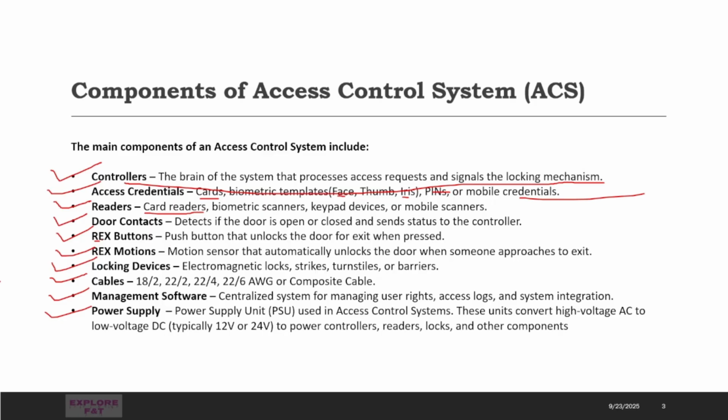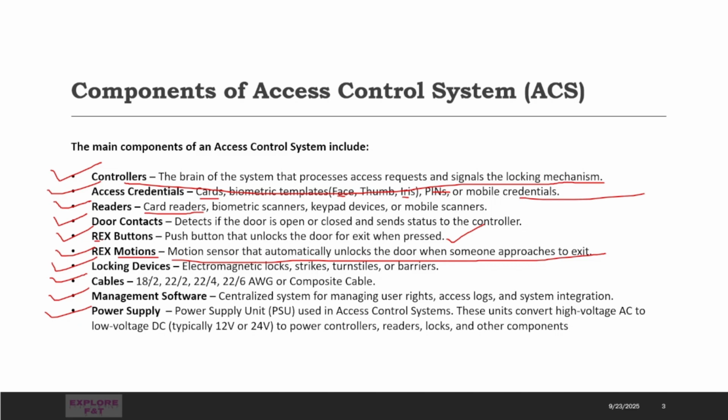Inside, the REX will be there, same as the motion sensor. With the button you have to push it, but the motion sensor is installed above the door and senses through infrared rays, and this will open the door.